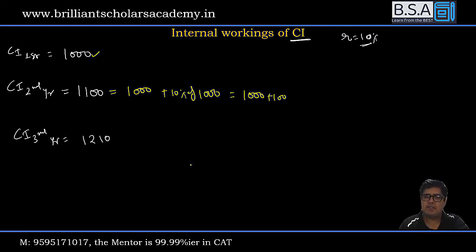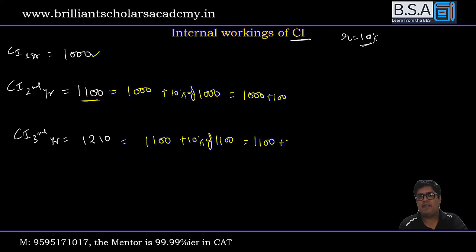So this is the concept I want you guys to observe. What is the interest for second year? It is 1100 rupees, and when I add 10% of itself, what is 10%? Cancelling the last zero is 10%. 1100 plus 110. So does this number match with this?